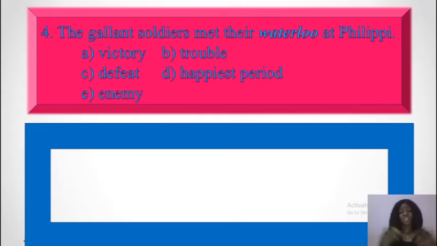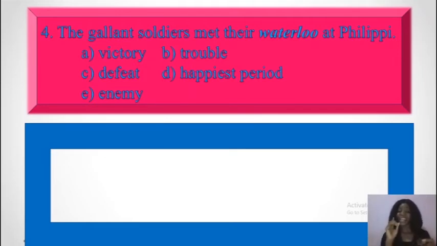It's not really trouble per se. And don't forget, Waterloo simply means when you are encountered with a challenge that tends to weigh you down or bring you down because the challenge overpowers you. That is the meaning of Waterloo.